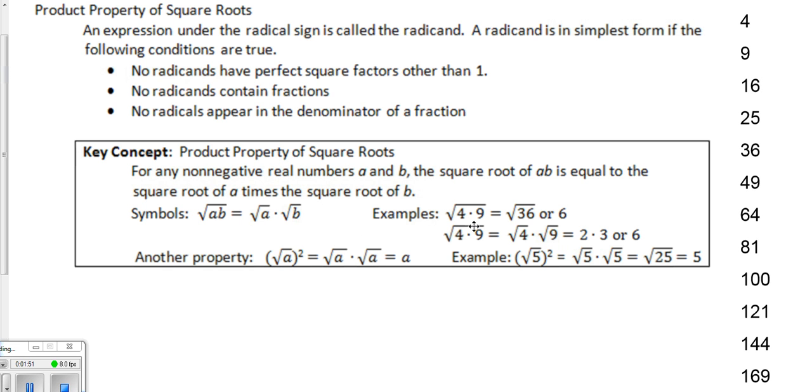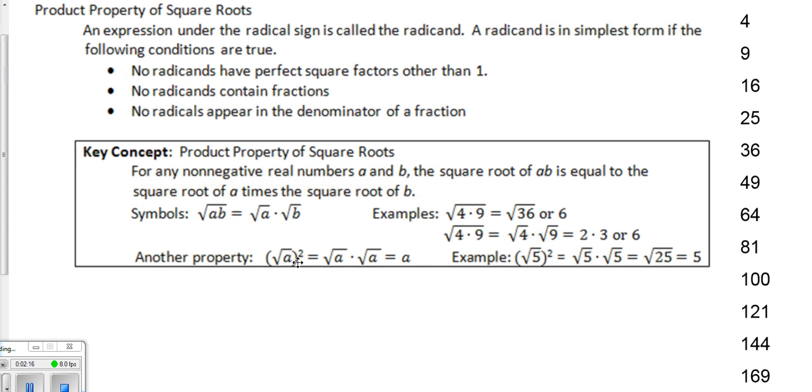An example of that would be if we had the square root of 4 times 9. We can think of that as the square root of 36, which we know is 6, or we can split it up and say the square root of 4 times 9 is the square root of 4 times the square root of 9. The square root of 4 is 2, the square root of 9 is 3, and 2 times 3 is 6. Either way, we get to our end answer of 6.